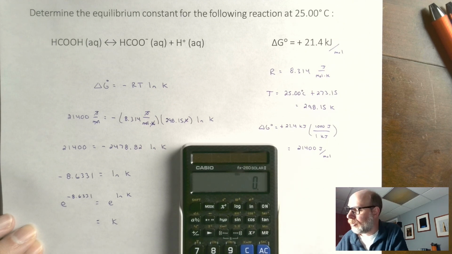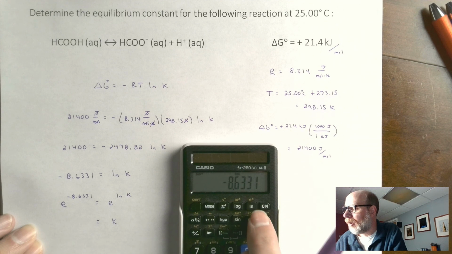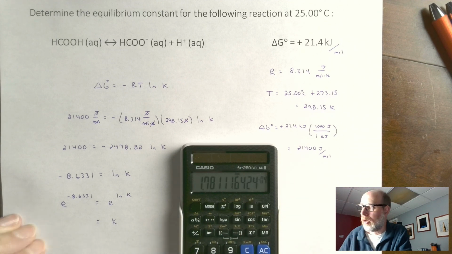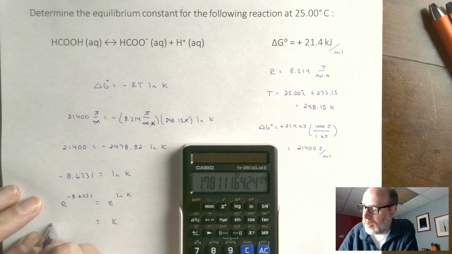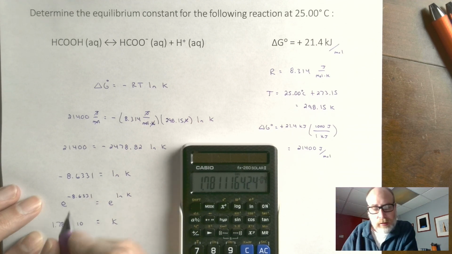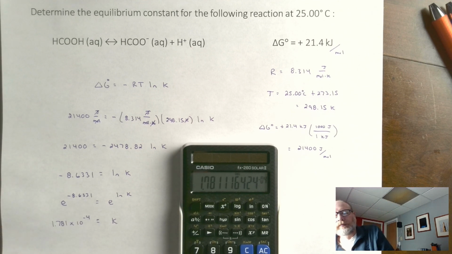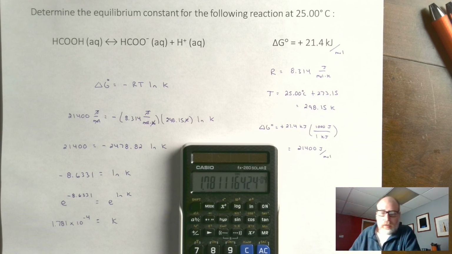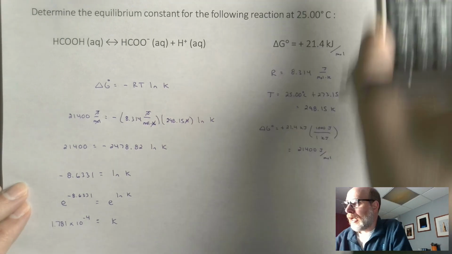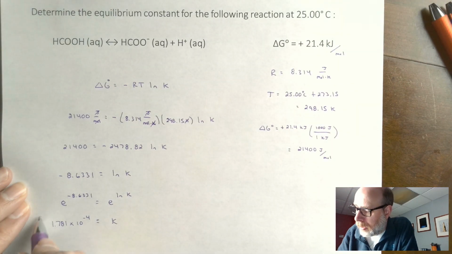And so if we want to do negative 8.6331 and raise e to that power, we just hit shift natural log, and we get the equilibrium constant to be 1.781 times 10 to the minus fourth. Okay, so that's it. That's our equilibrium constant.